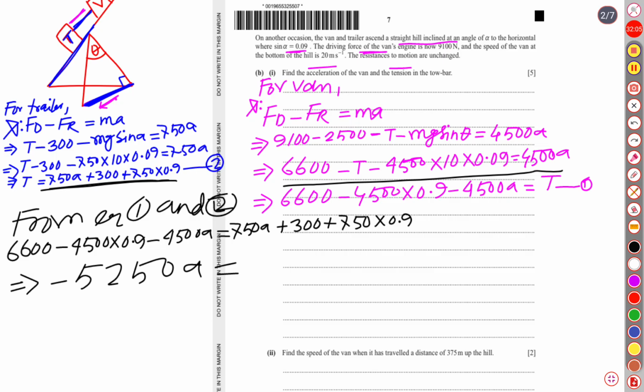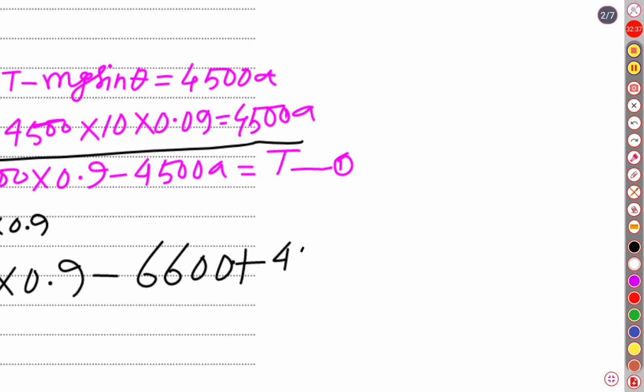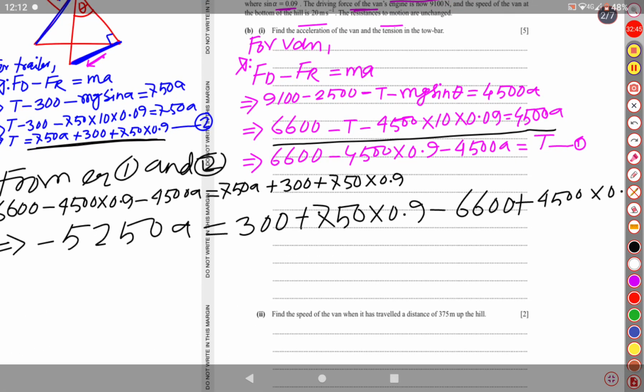Here what is given there is 300 plus 750 into 0.09, then minus 6600 plus 4500 into 0.09. So that's all about our terms.